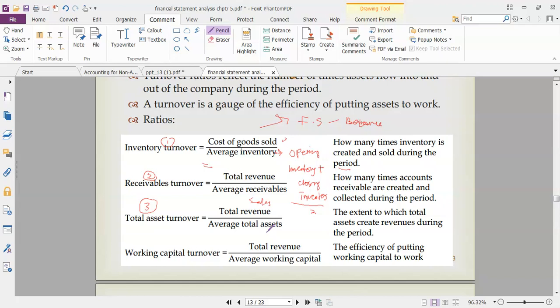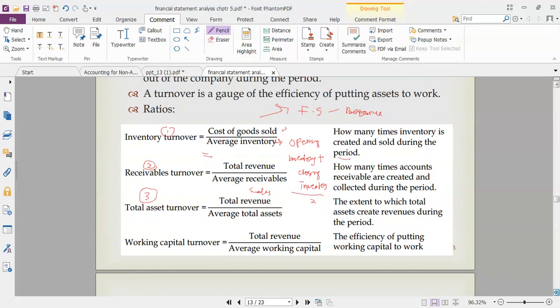It is the extent to which the total asset creates revenues during the period. Here we can assess how much sales the company can generate by having that amount of asset. How much revenue can the company create from the asset? So that is the total asset turnover.